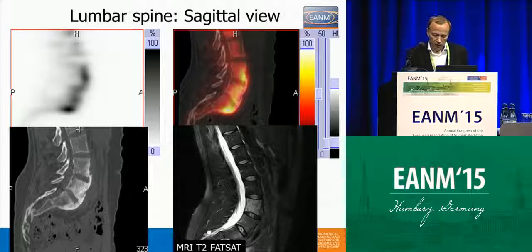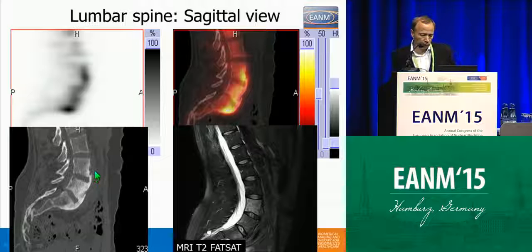As you may see, there is a very peculiar pattern with a bony expansion anchoring the L4, L5, and S1 bodies like a bony sheet. And you got the matching of MRI T2 fat-SAT sequence with the full involvement of L4.